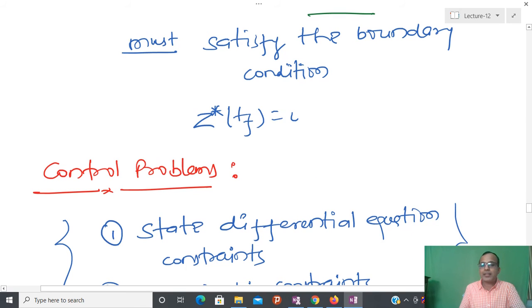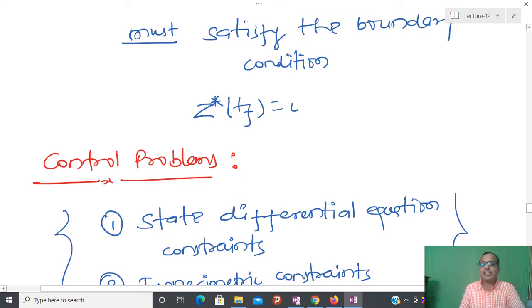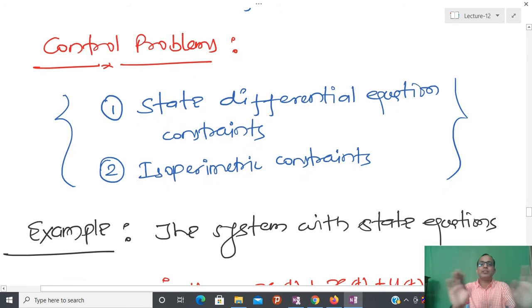Now let us try to see the extension of this particular topic. In this topic I have basically revised two different problems related to constrained extremization or optimization of some kind of functional. The first constraint we have seen is the point constraint.